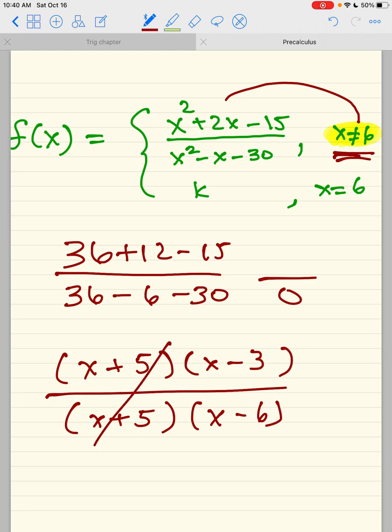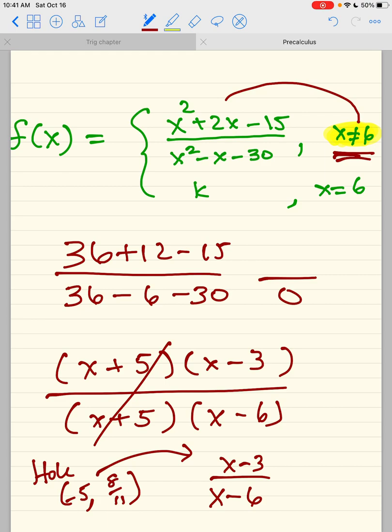These cross off. Okay, and guess what, guys? You're left with this. Remember what happens here? There's a hole at -5 comma -8 over -11 because we substitute that back in. So that's going to be positive 8/11ths. But we're actually asking what happens at 6.